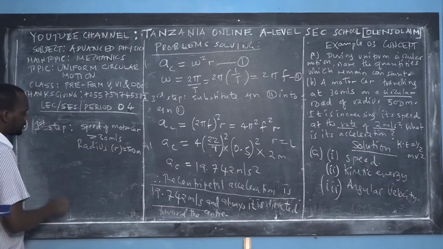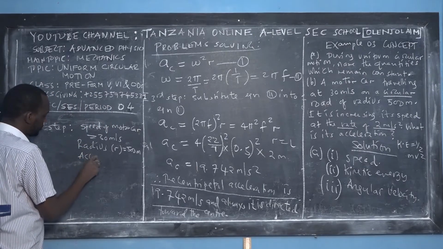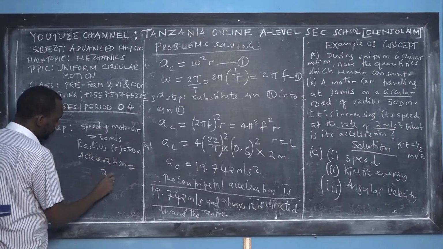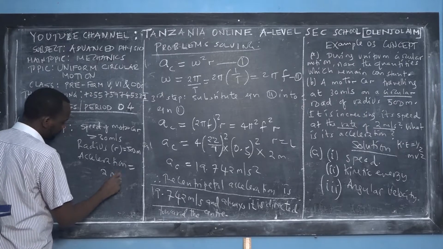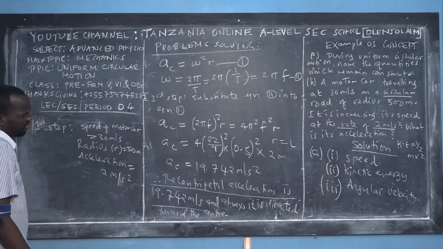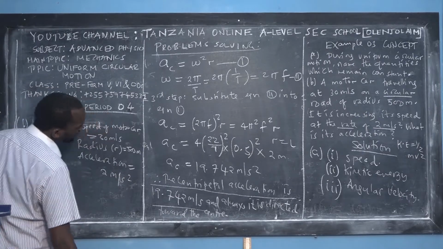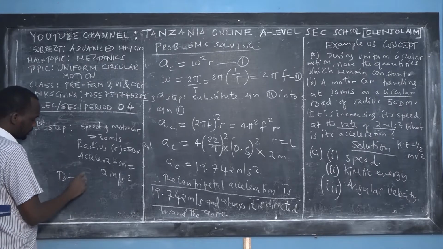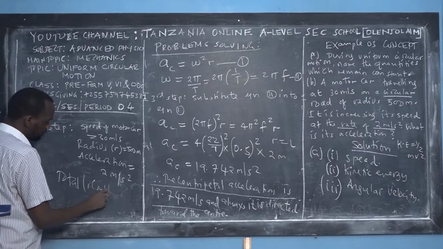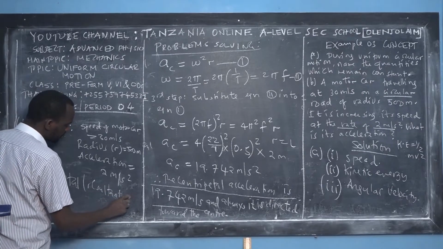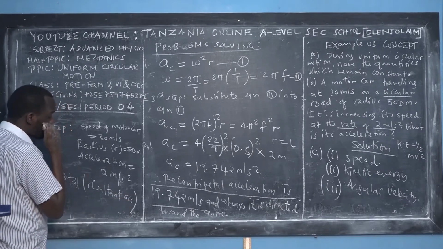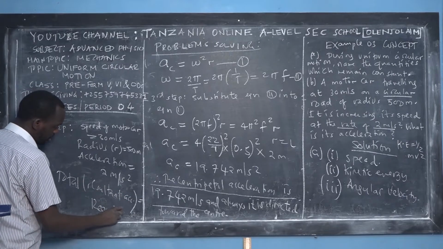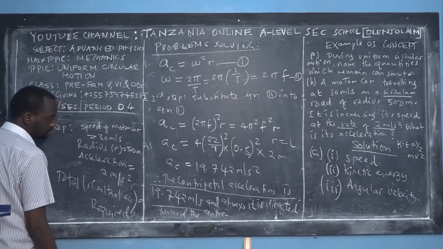And then we have the acceleration, which is 2 meters per second square. And then what is required? Also acceleration, but this now will be called the total or resultant acceleration. This is required.